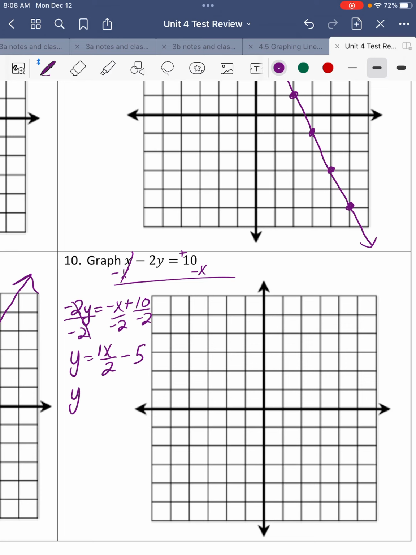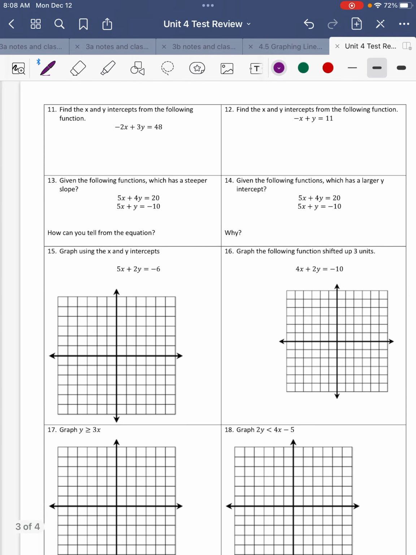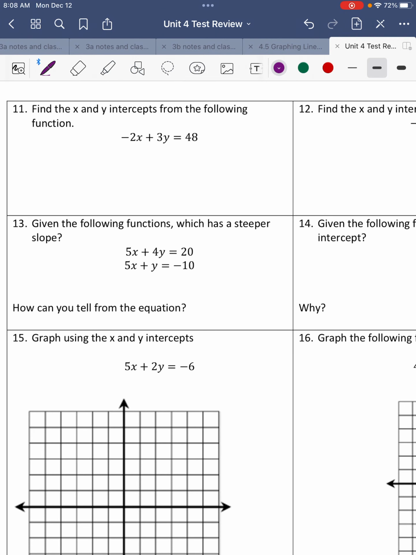Now this is going to be a 1/2. 1's next to the x, so it's going to be 1/2 x minus 5. So our y-intercept is -5, and our slope is up 1, right 2. Or you can go down 1, left 2. And there's your graph.